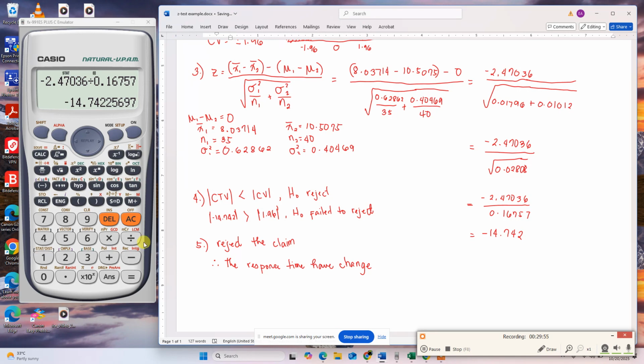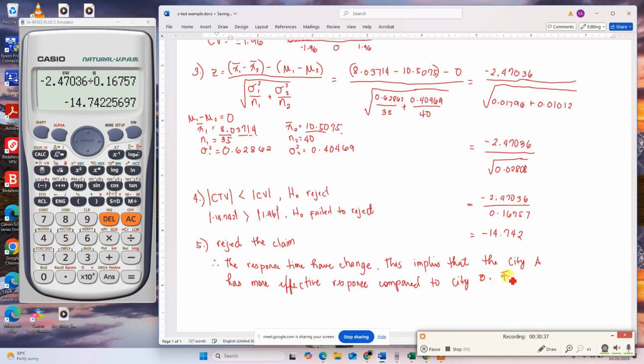As we can see, the CTA is lesser than the CTB. This implies that the CTA has more effective response compared to CTB.